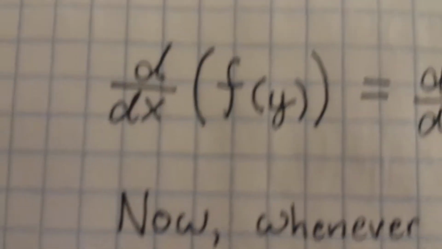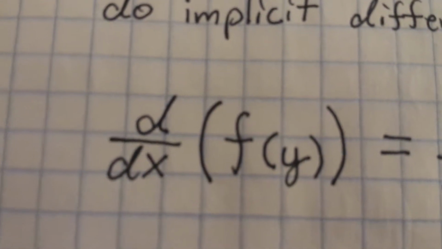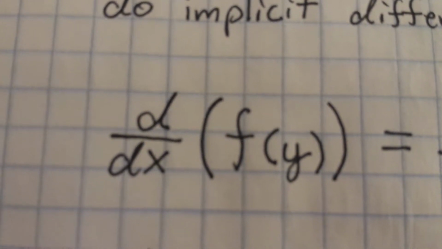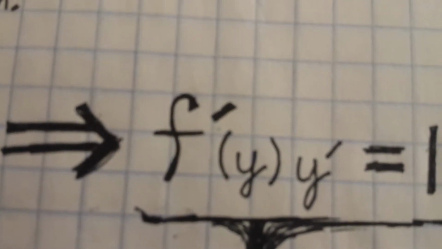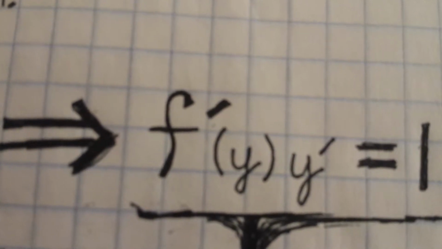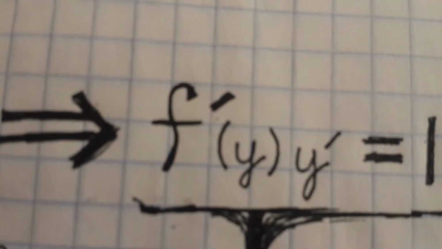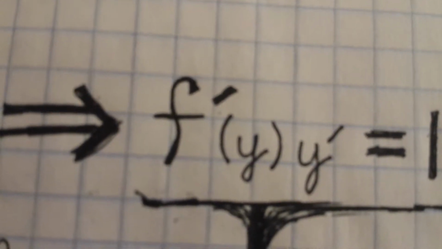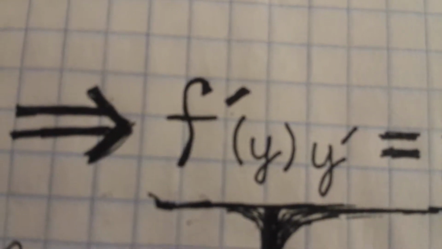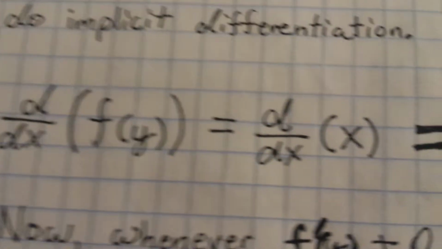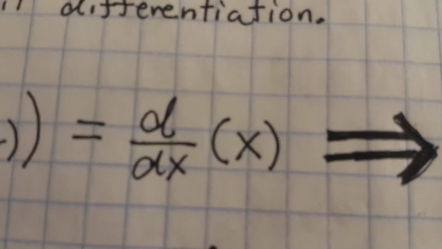That is, the derivative of f of y with respect to x equals the derivative of f of y times the derivative of y, f prime of y times y prime, using the chain rule. Okay, and of course the derivative of x with respect to x is 1.